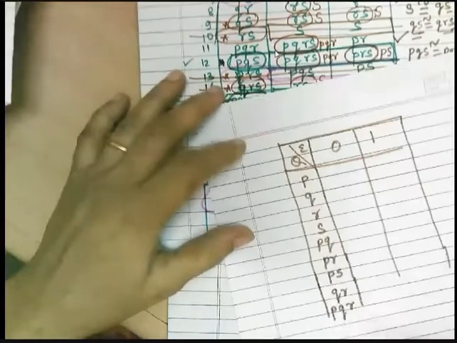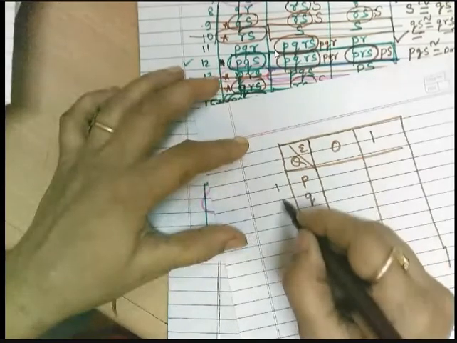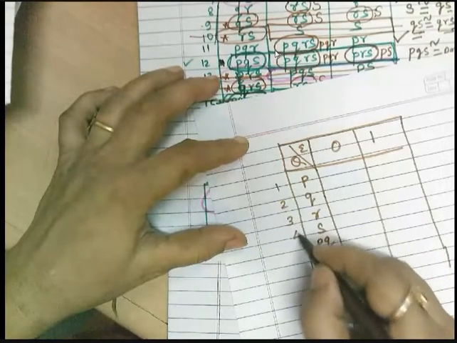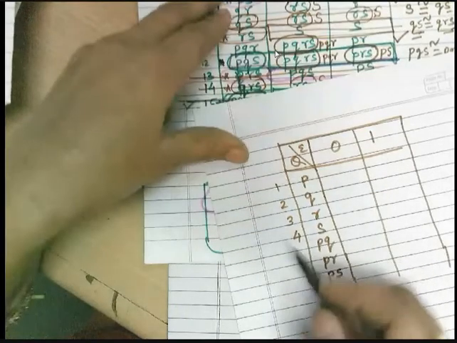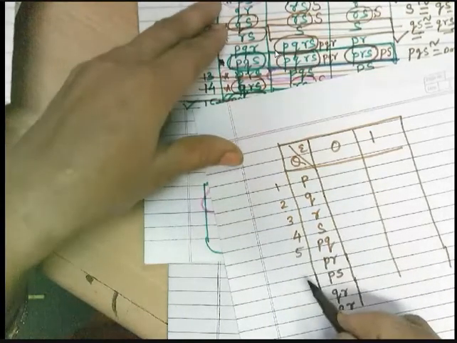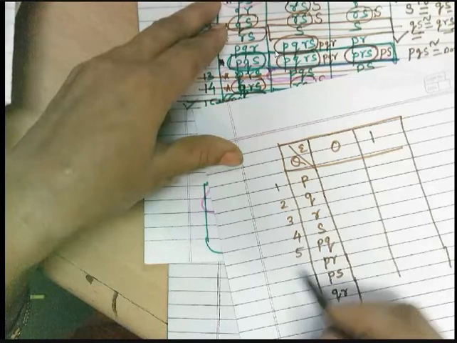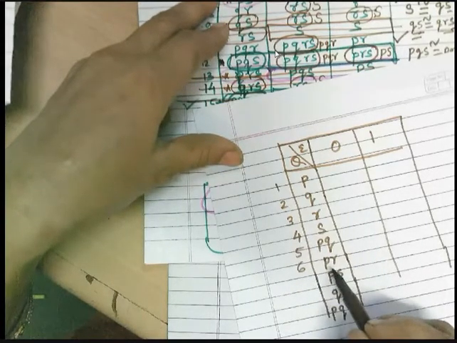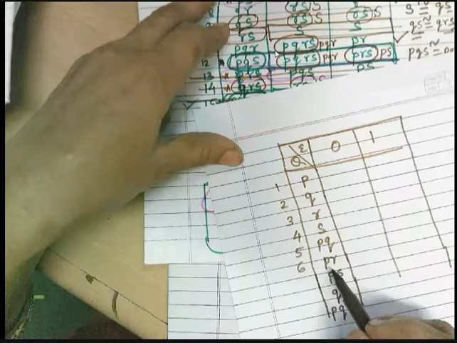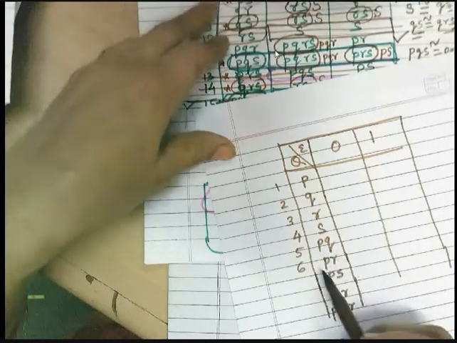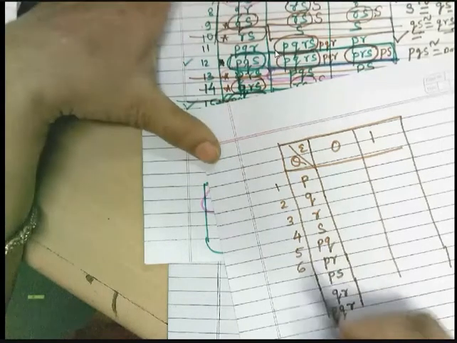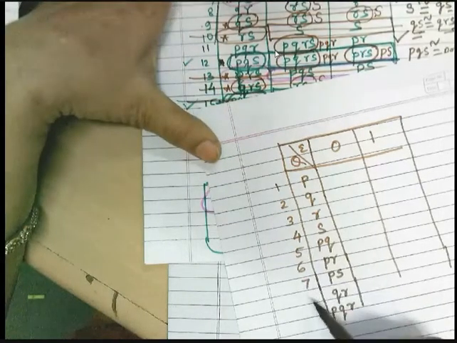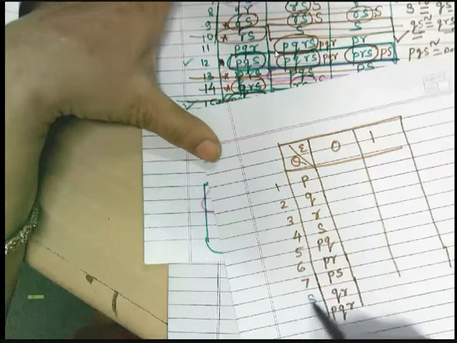So their numbers were 1, 2, 3, 4, then 5, then 6, 5, 6, 7, then 8, and finally the 11.